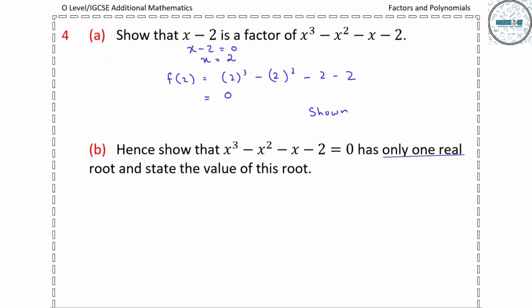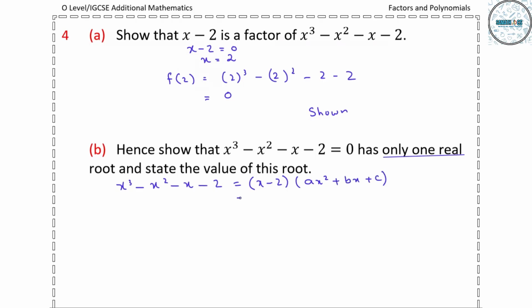Let's do the working. When we will factorize x cubed minus x squared minus x minus 2, we will get one linear factor which is already given in the previous part and a quadratic factor in the form ax squared plus bx plus c.